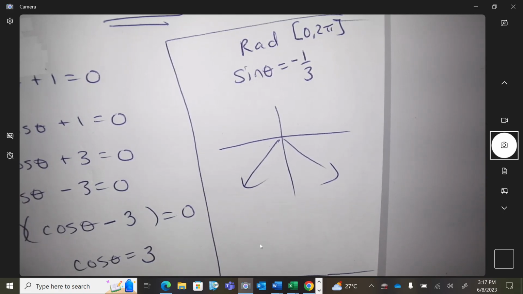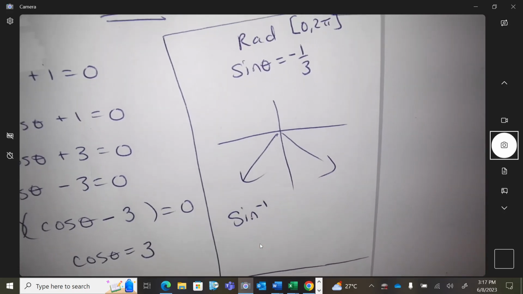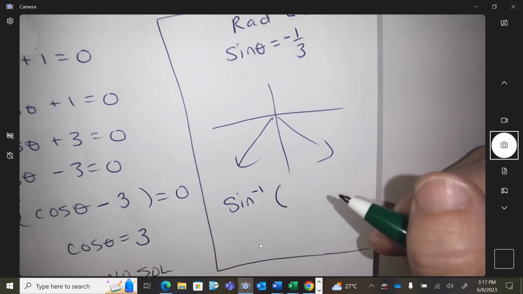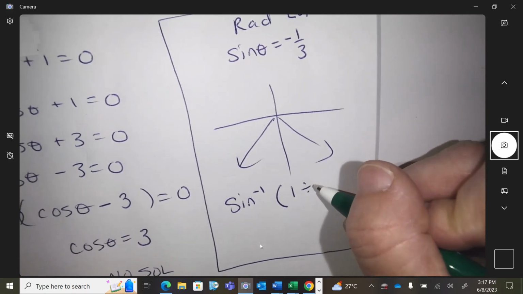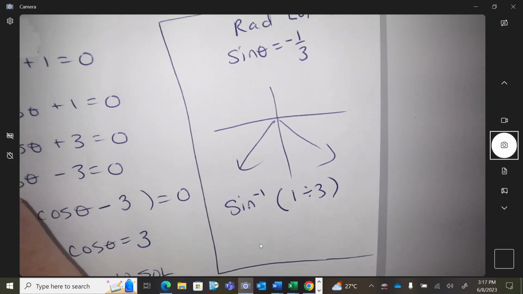Rad mode, radians. Okay, we are going to sine inverse in our calculators. Brackets, what do you know about typing? Don't put the negative in there. Do sine inverse of 1/3.